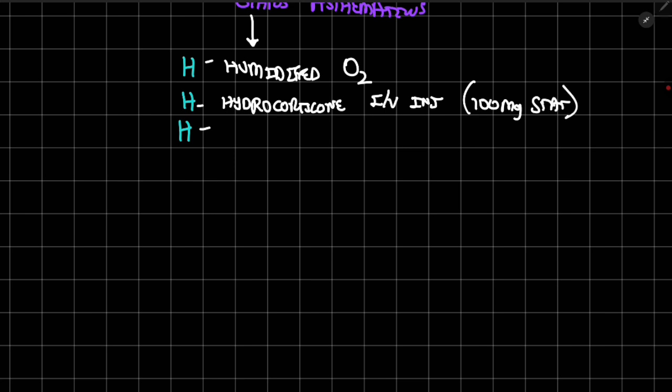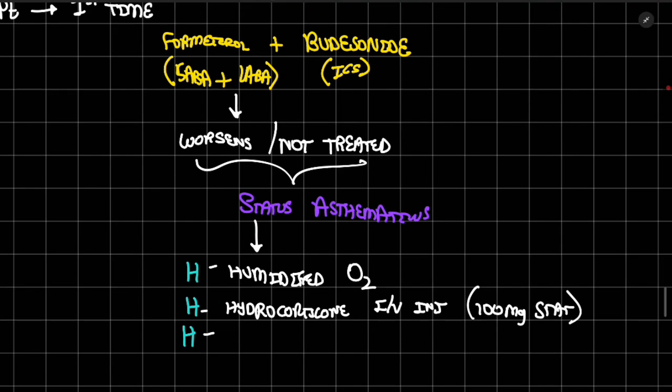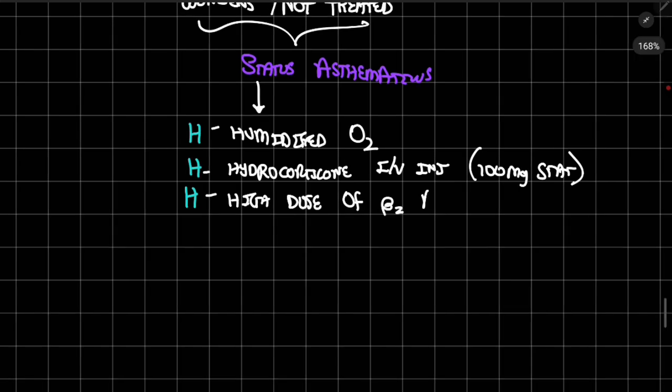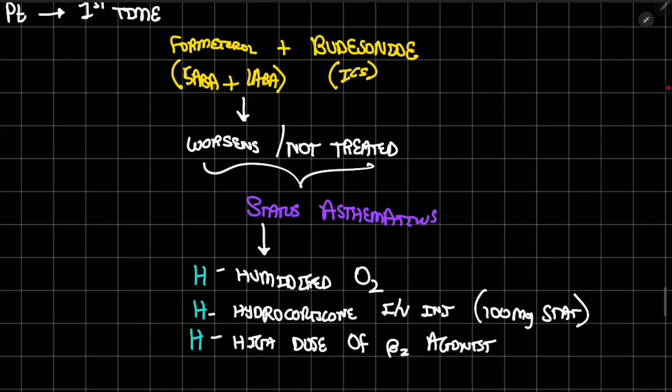And as the patient is not treated by this beta 2 agonist and ICS, the third H stands for high dose of beta 2 agonist. Now tell me one thing. When he first came to your clinic, we gave him a SABA and LABA combined, formoterol, and one inhalational corticosteroid.